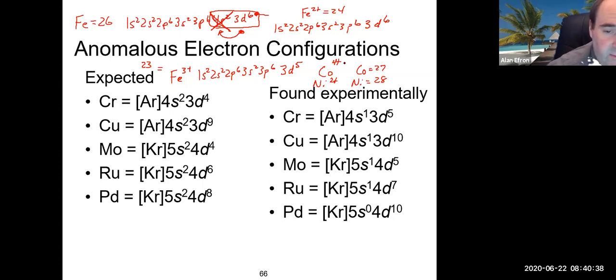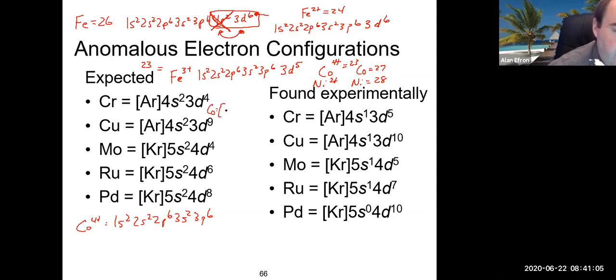So that is 23, if I'm not mistaken. So you should be at 23. So for cobalt with a +4, it should be 1s2, 2s2, 2p6, 3s2, 3p6.